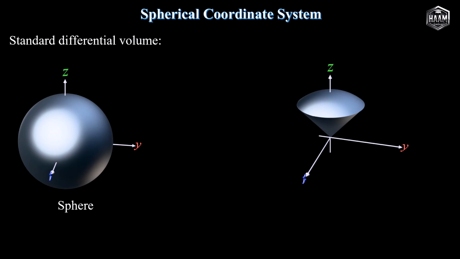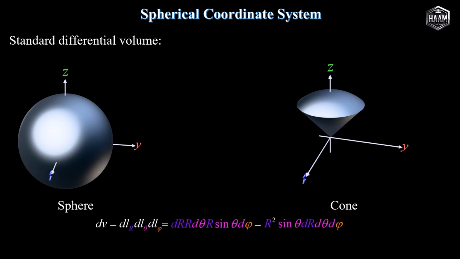And since the differential volume is in fact a scalar quantity, substituting and simplifying gives dV equals dl sub capital R, dl sub theta, dl sub phi, which equals capital R squared sine theta d capital R d theta d phi.